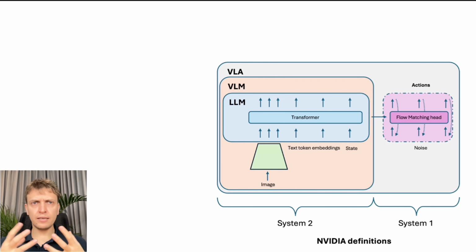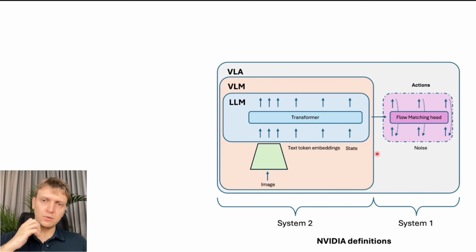If you look at any VLA, or at least most VLAs, they consist of a couple of parts. Sometimes the second part can be missing, but anyway, let's look at the ones that have both of these parts. So the first part is a VLM, and the second part is some kind of action transformer. And NVIDIA, in their paper, calls this setup a 2-system setup.